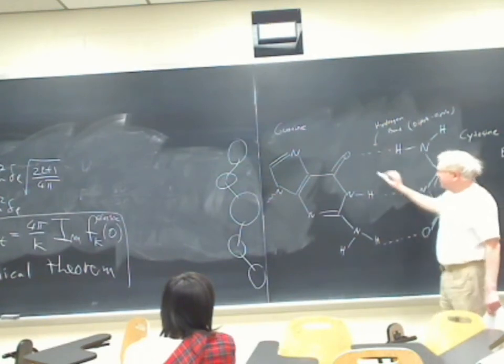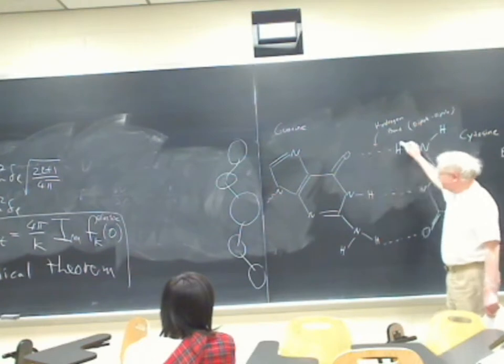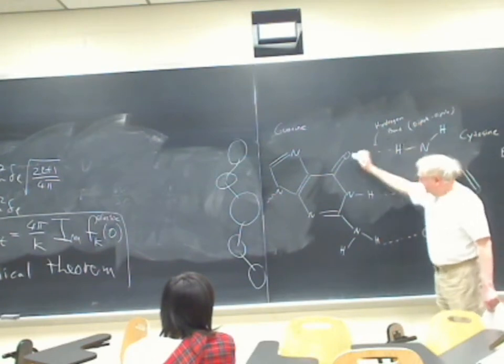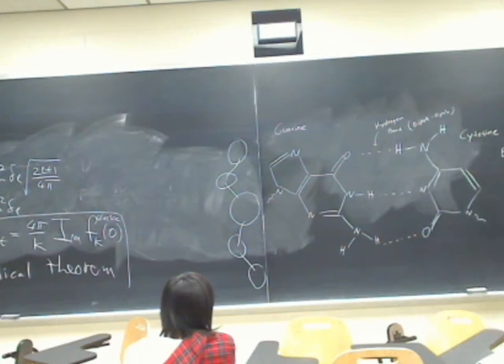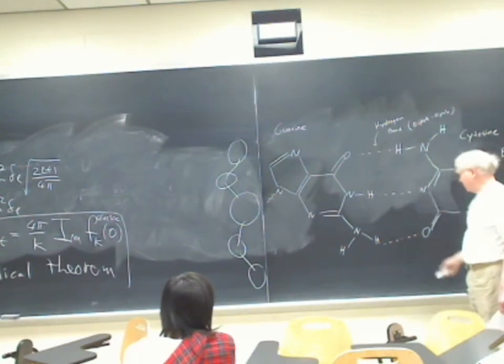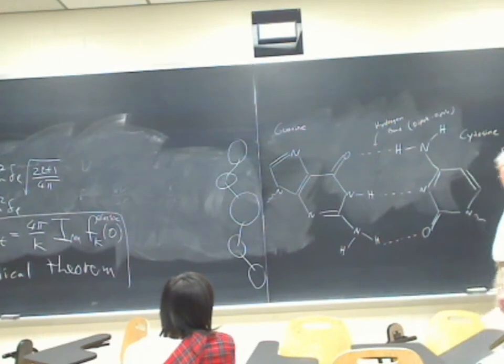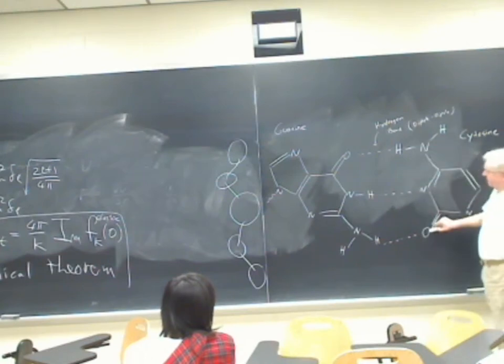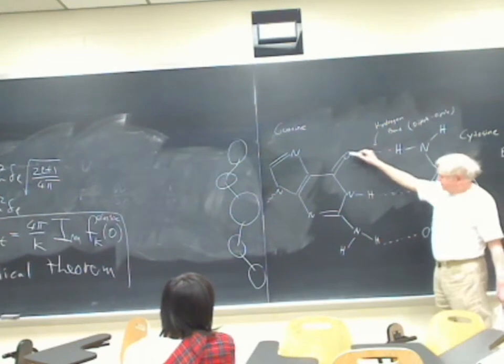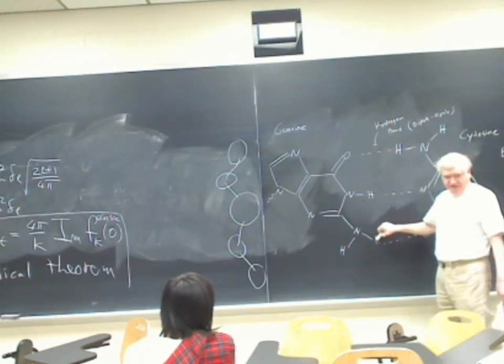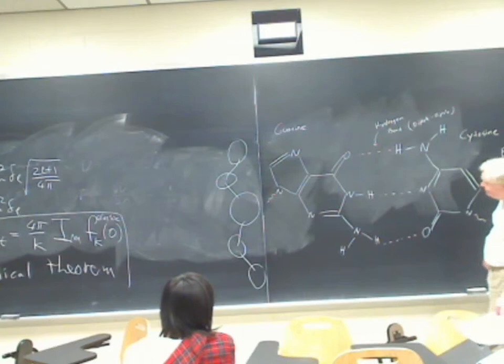And when it sits in between, this is essentially negatively charged, this is positively charged, and they're attracted to each other. And there's also a hydrogen bond here, and this is called a hydrogen bond also. And you see there are three atoms that can participate in hydrogen bonds here, and three that can participate here.